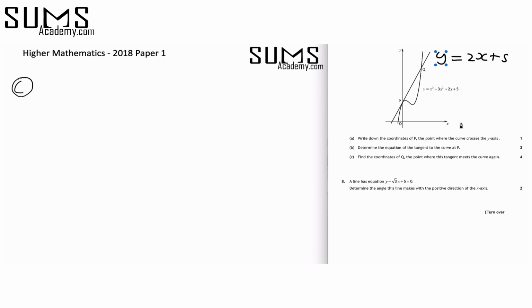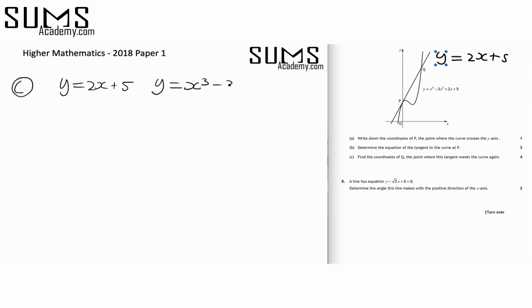Well, we need to make the two equations equal to each other, because when we do that, we'll be able to work out the points at which the two lines cross. So we start off with our two equations, which are y equals 2x plus 5, and our second one, or our first one, depending on how you want to say it, y equals x cubed minus 3x squared plus 2x plus 5. And you just make the y's equal to each other.